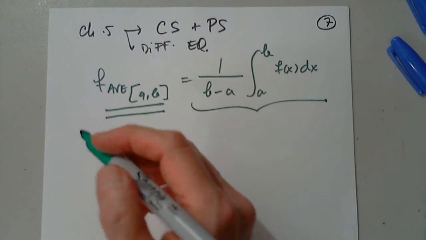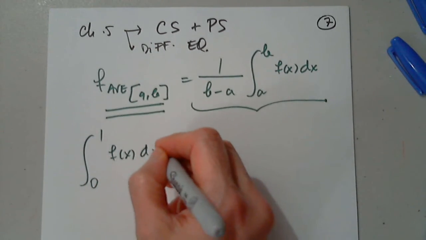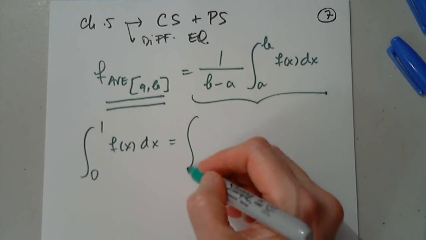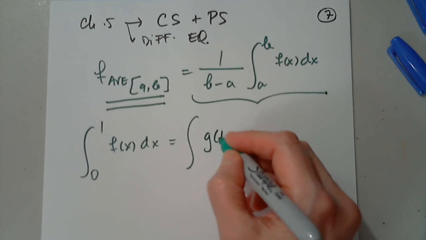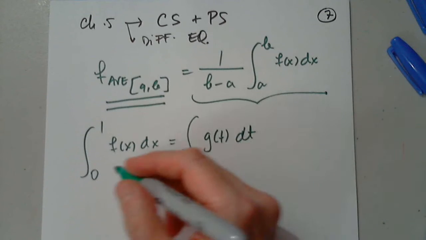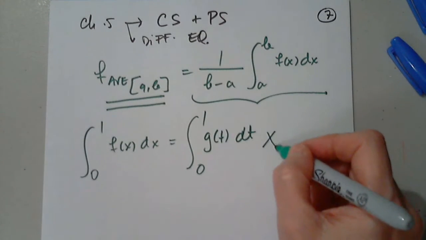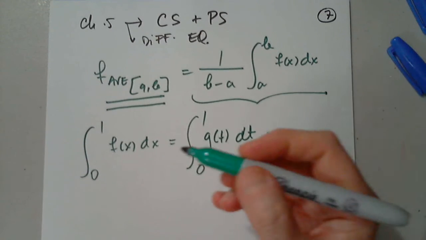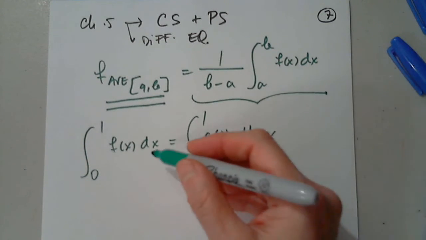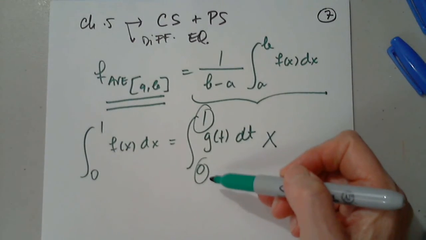For example, let's say I have the integral from 0 to 1 of f of x dx, and you write the integral of g of t dt and copy the limits of integration, then I can't give credit. Because when you go to a different variable, you cannot copy the same limits of integration.